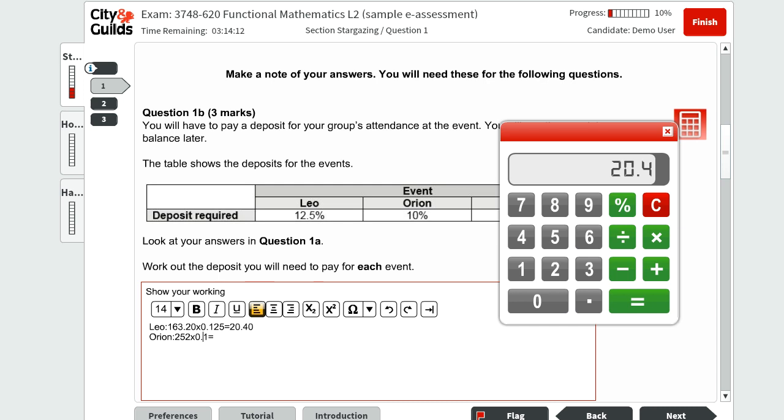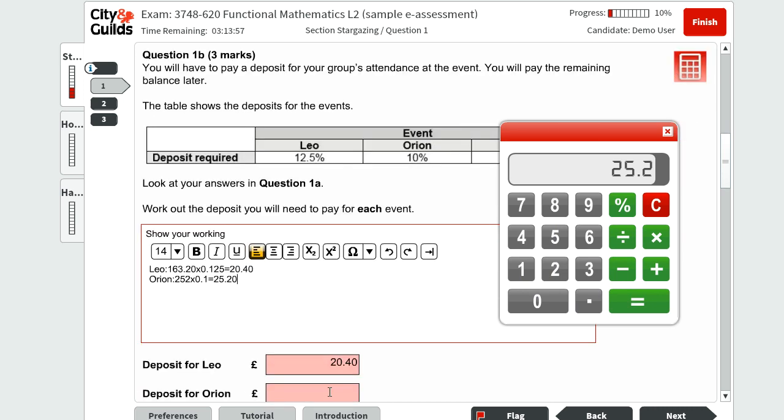Again, use the calculator to avoid any calculation errors. We have £25.20 deposit to pay for Orion.